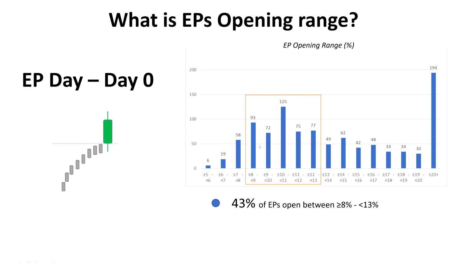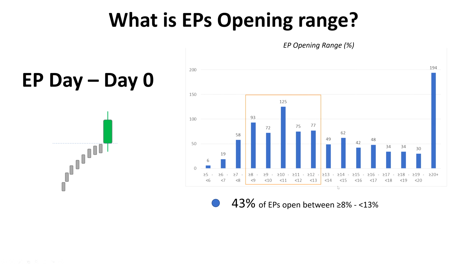Indeed, but there is also a significant number of EPs that are between 8 and 10%. So in the end, for myself, it's not to question Christian. He's way more experienced than me. But on my side, I'm like, okay, if I see a 7 or 8% move, it already can be an EP. And in half of the cases, it is 8 to 13%.